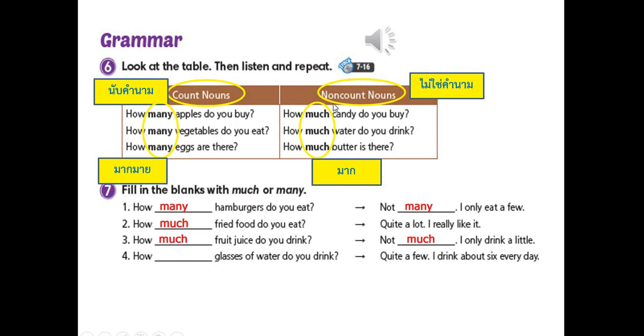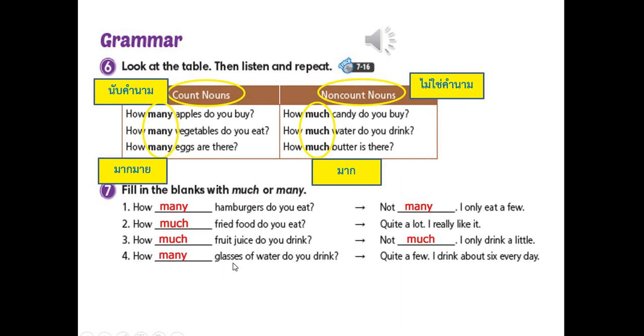If your answer is count, we will use many. But teacher, it has water on it. But take note, students, since we put it already in a glass or glasses, it can be countable.